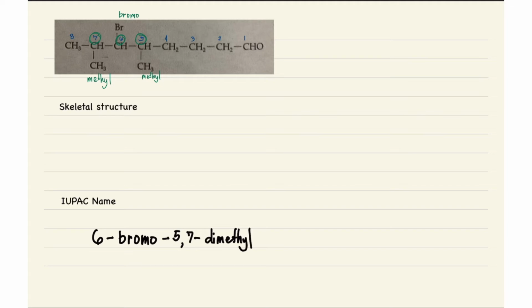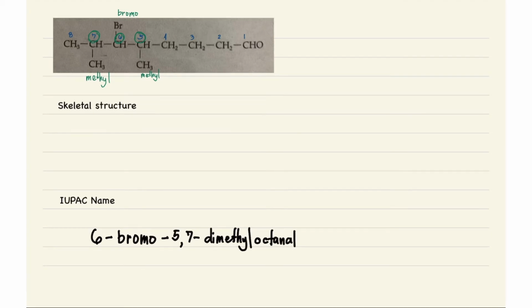Then because we have the functional group CHO here, instead of octane, we will have octanol. So the name of this condensed structural formula is 6-bromo-5,7-dimethyl octanol.